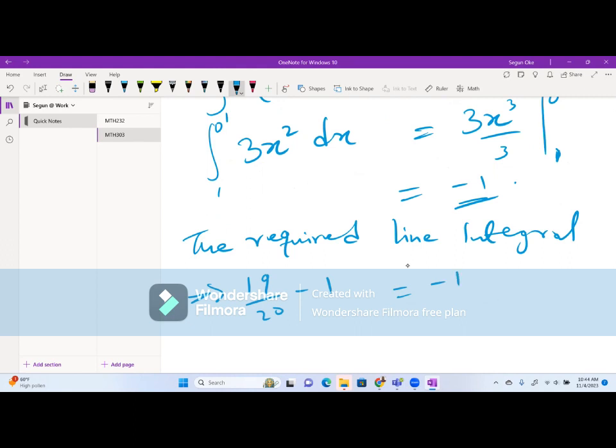We now have minus 1 over 20. So that is what we have for the line integral. That is the line integral we did.